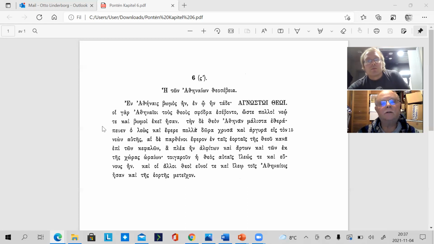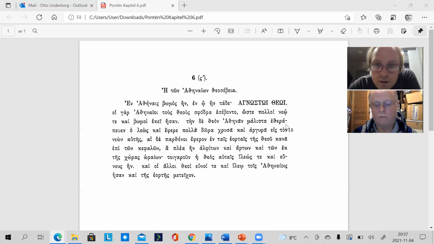So they had many. They had both many temples and altars. Yeah. That's a completely viable translation, I think. Here, it's a bit difficult actually to translate this hoste.